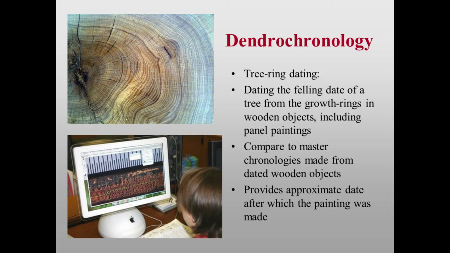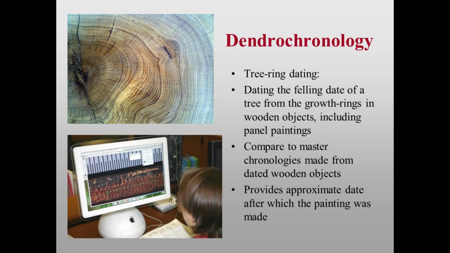Now, what can you do with this? You can come up with approximate datings for the felling of the wood, for the felling of the tree, and then you can come up with a possible date for when the painting was painted. Let me go into that a little bit more. How can they know the date from this?